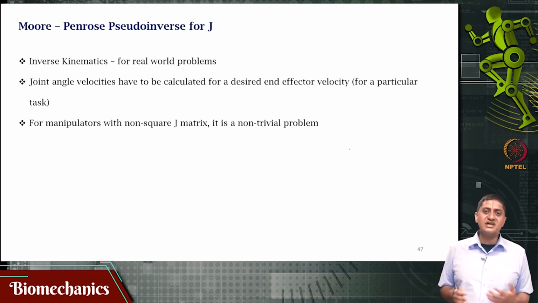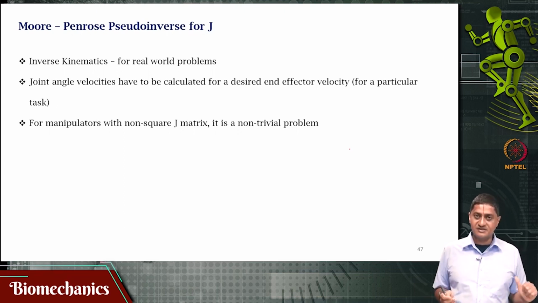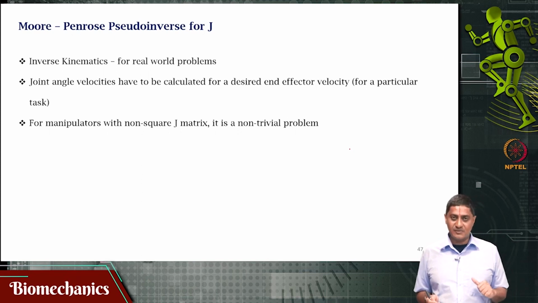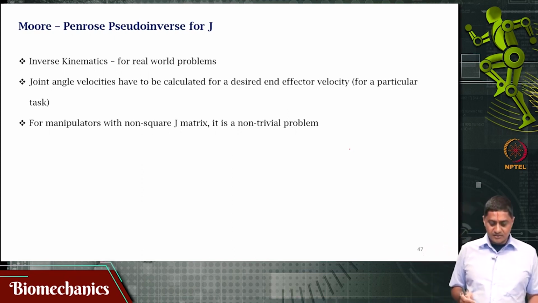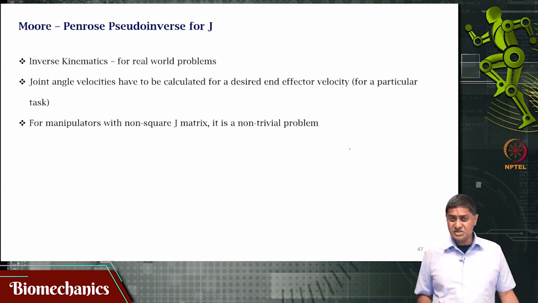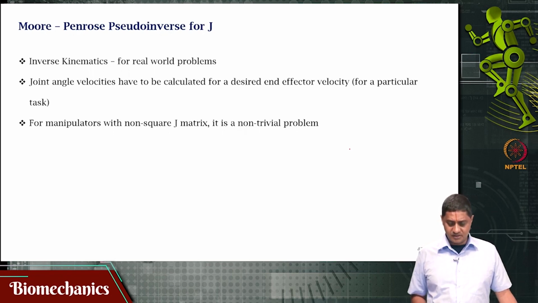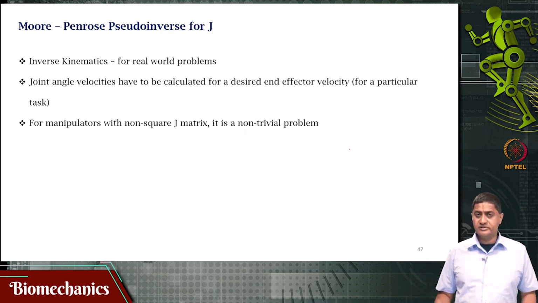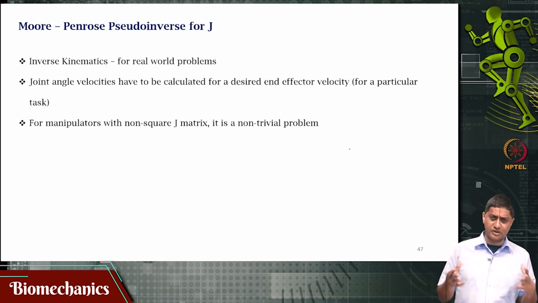So J inverse is not defined for the 3-link kinematic chain. But I am still interested in finding the joint angle velocities, given a known end effector velocity for a particular task.